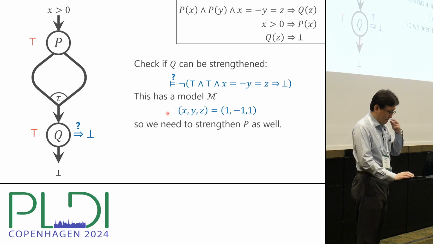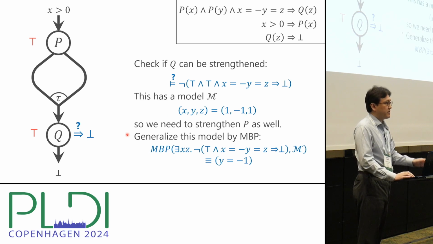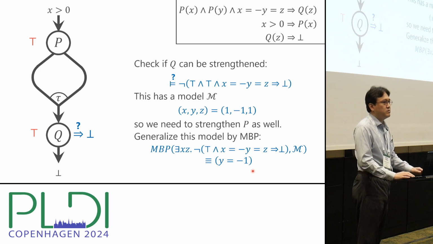Then we need to strengthen P. So we generate a request by using MBP, and this is one of the possible return values of MBP. Okay. This does not generate at all.